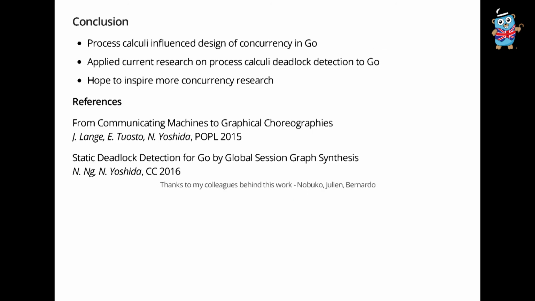So, I've explained how we do our deadlock detection, and now I just wanted to conclude on what I've talked about today, which is that process calculi influenced the design of concurrency in Go. And we have applied current research on deadlock detection for process calculi in Go.